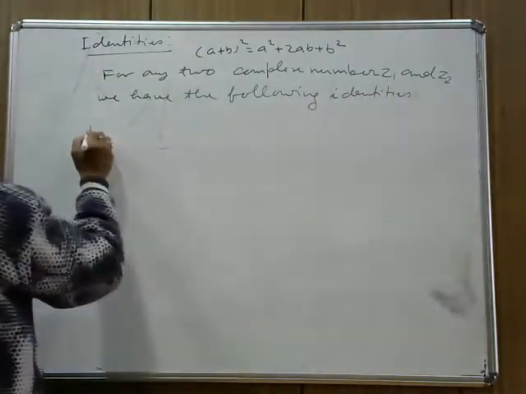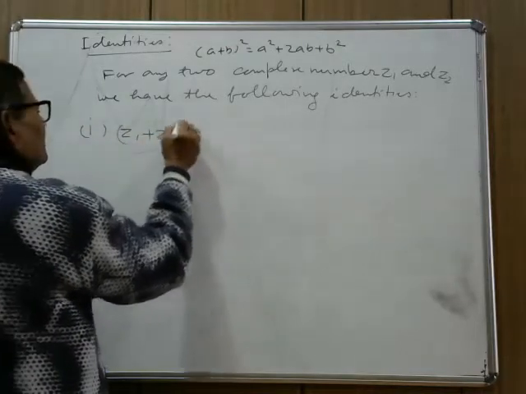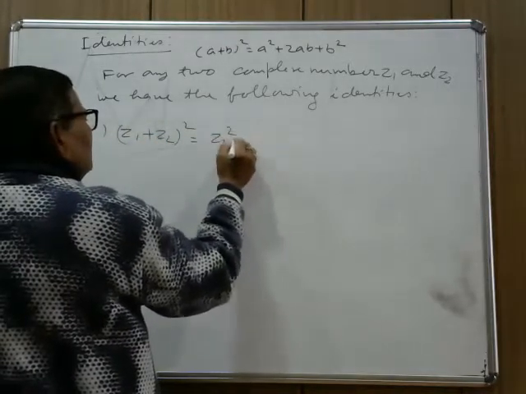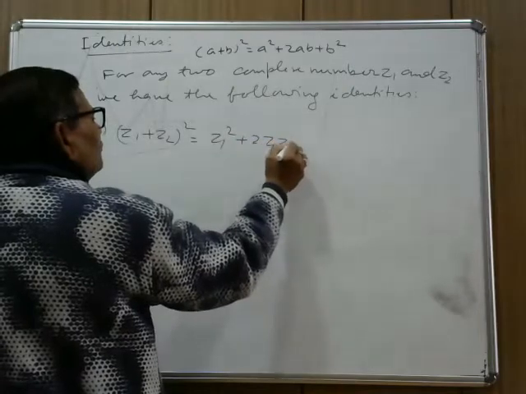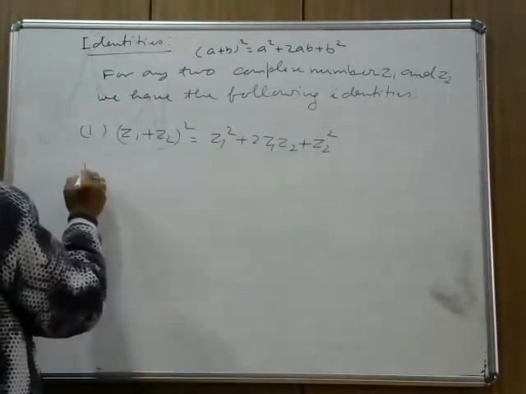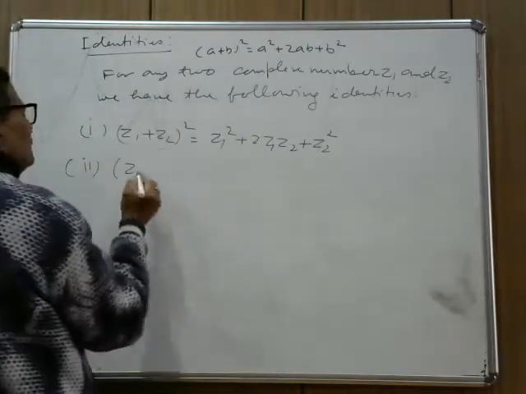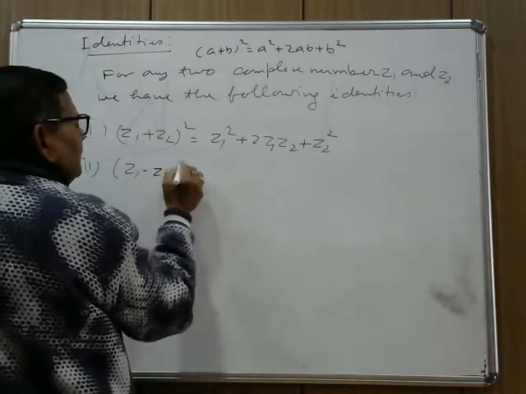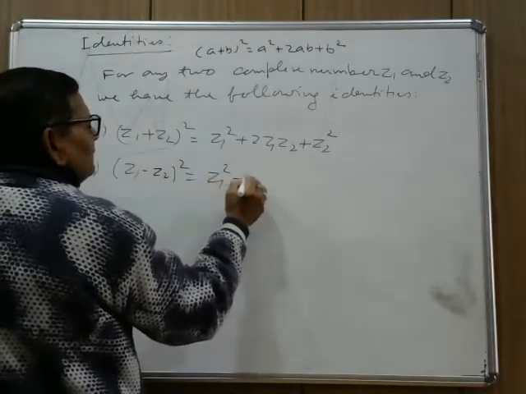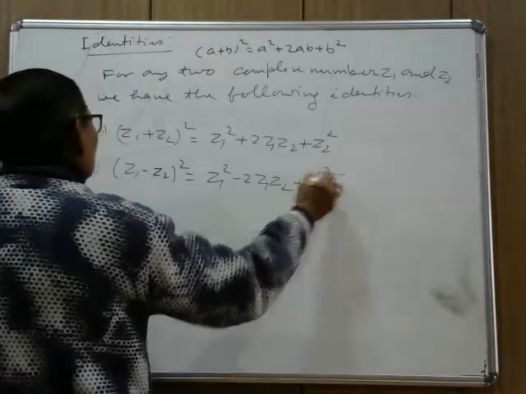Number 1, Z1 plus Z2 whole square equal to Z1 square plus 2Z1 Z2 plus Z2 square. Now second, Z1 minus Z2 whole square, same as A minus B whole square, is Z1 square minus 2Z1 Z2 plus Z2 square.